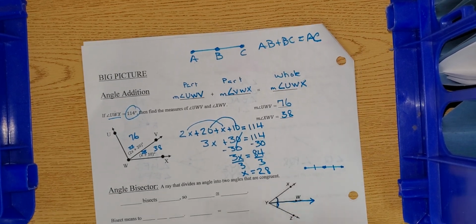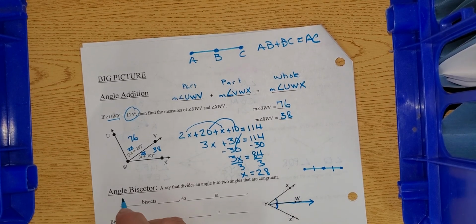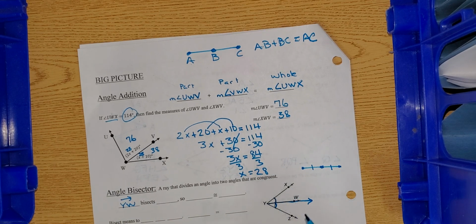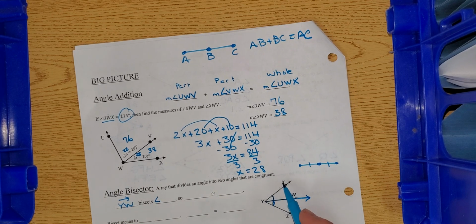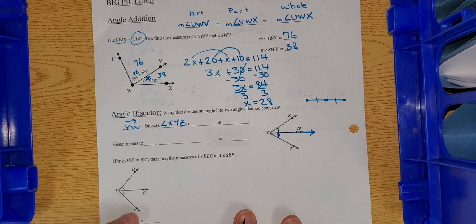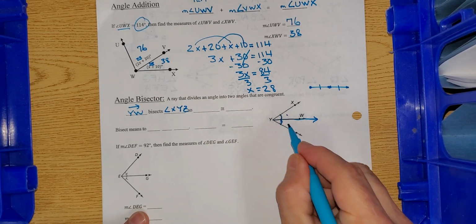So the ray YW bisects the big angle, angle XYZ. Let me move this up some. Okay, so that this angle and this angle are congruent.